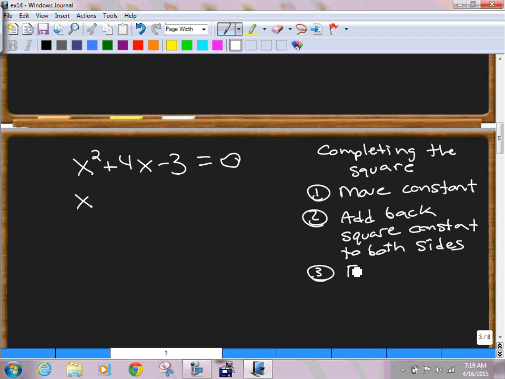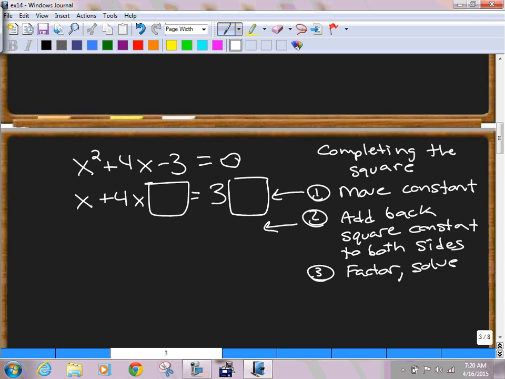And then we factor and solve. So for this, we're going to move this term over, and we're going to get this equals 3. Now we have to add back our square constant. We have to fill the hole that's been left here because we're trying to create a square.